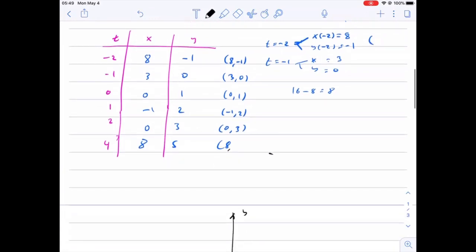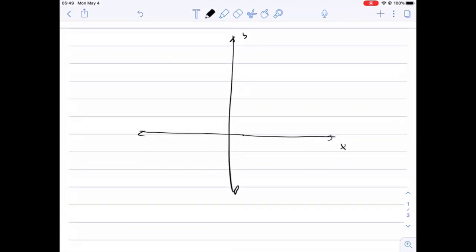On x, we have 1, 2, 3, 4, 5, 6, 7, 8, and on y we have -1, -2, -3, and so on.